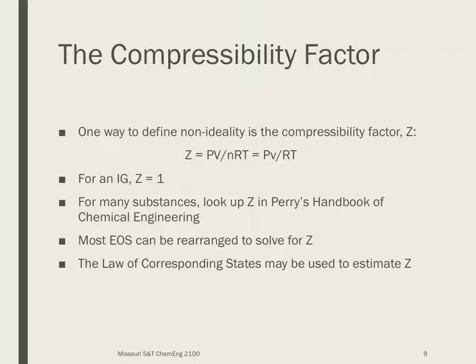If we have the ideal gas law, the ideal gas law says PV equals nRT, or P little v equals RT.